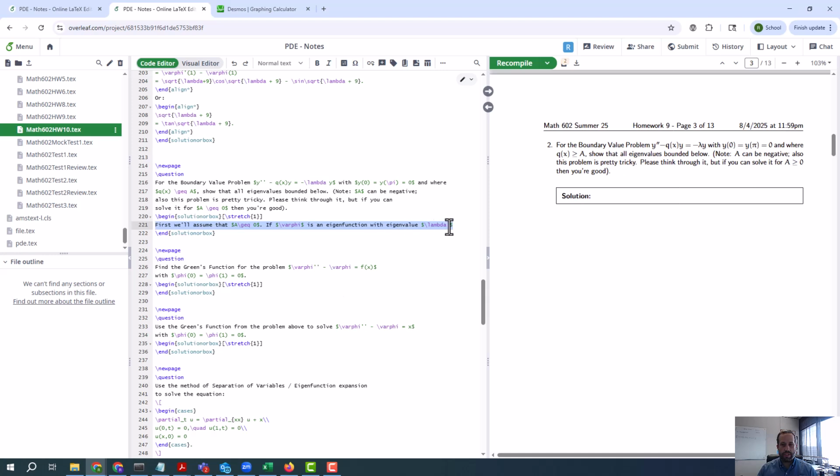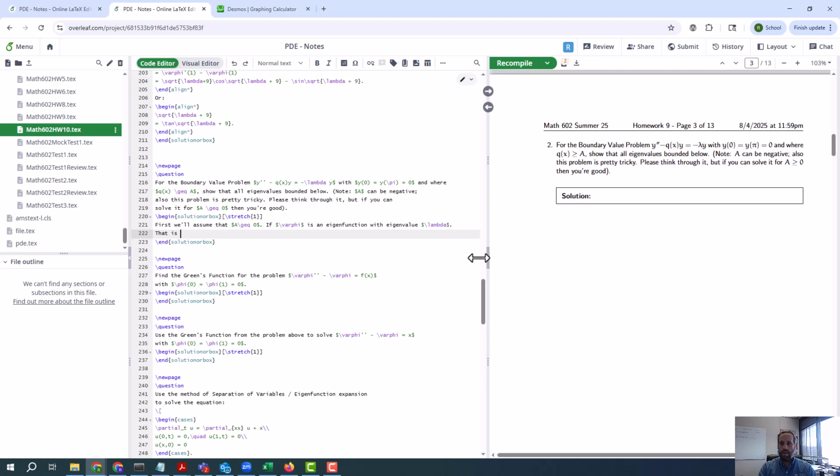Say phi is an eigenfunction with eigenvalue lambda. That is, phi'' - q phi = -lambda phi, and it satisfies the boundary conditions.